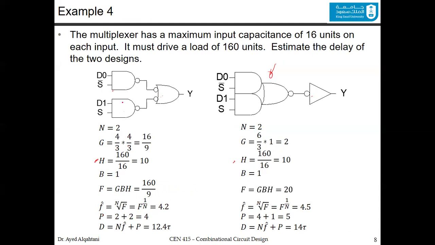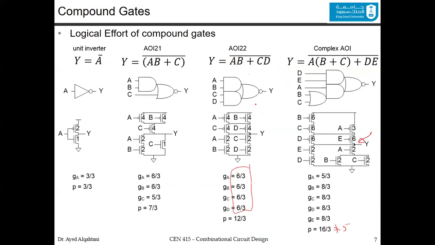Now the parasitic, this is a compound gate, 2 and 2. So 2 plus 2, and notice that we are adding here. You are used to multiplying in the previous calculation. Here you are adding. 2 plus 2 is equal to 4. The parasitic is going to be equal to 4, as we explained here.